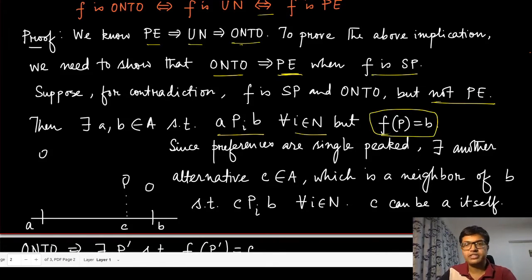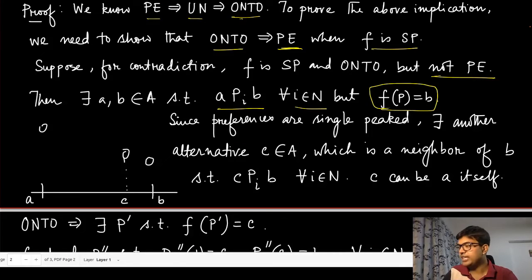Since this preference is single peaked, we know that A is strictly above B, so maybe somewhere here. A is strictly preferred over B, then there must exist another alternative, and this is an implication of the single-peakedness, think about it, that there must exist some other C which is strictly preferred over B, and it is also a neighboring alternative. So in the common ordering of all these alternatives, C just lives next to B. Of course, A could have been on the other side of B as well. In that case, C would also be on the other side, but it does not really matter.